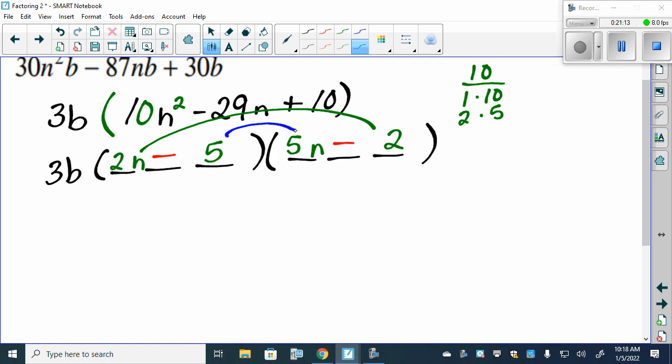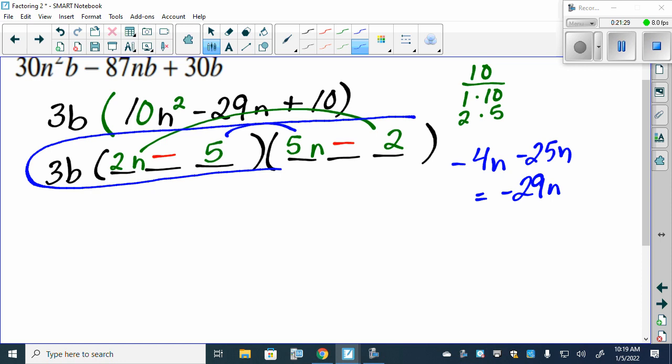And last but not least, we can check this here. 2n times negative 2 is negative 4n. Negative 5 times 5n is negative 25n, which would give us negative 29n, which is exactly what we wanted. So that right there is the correct answer.